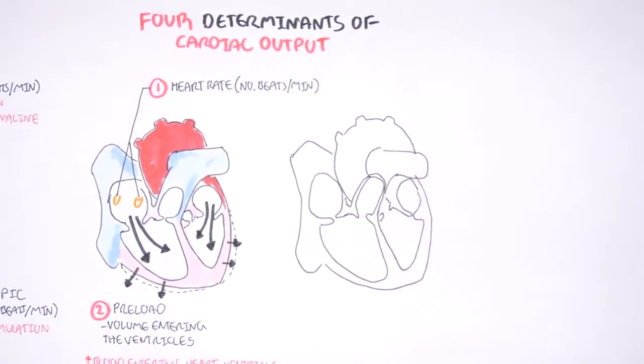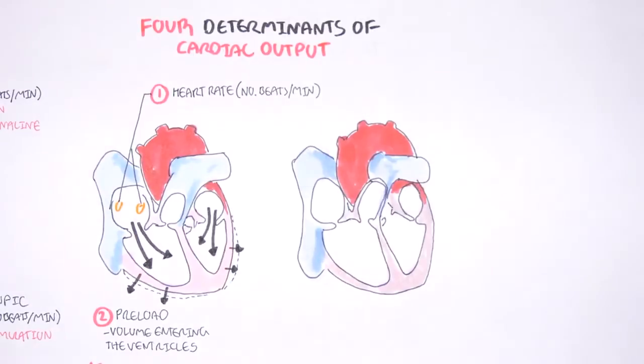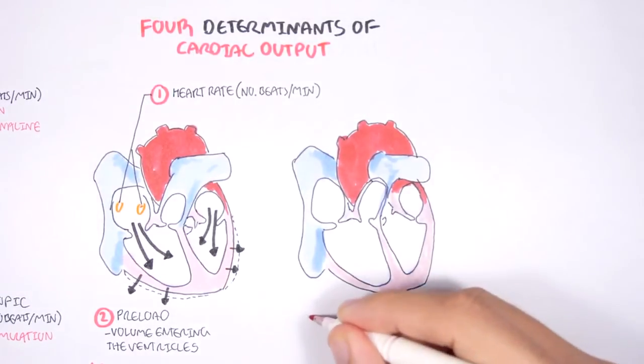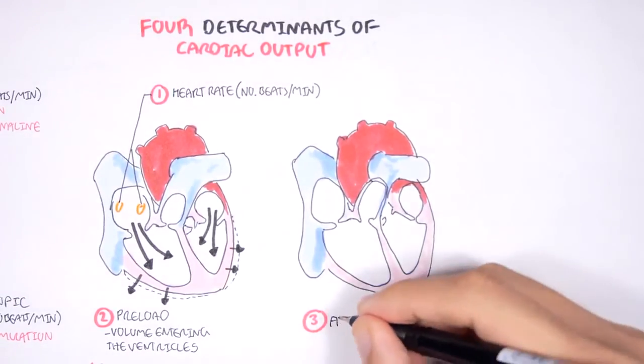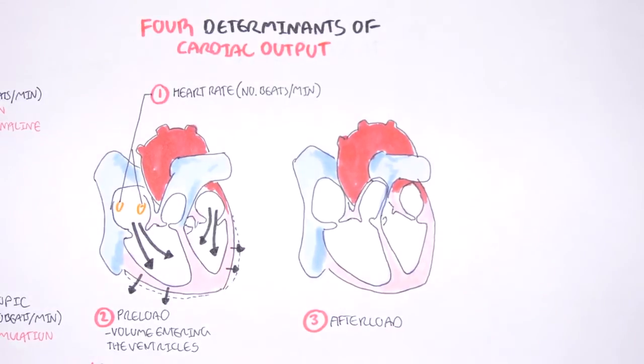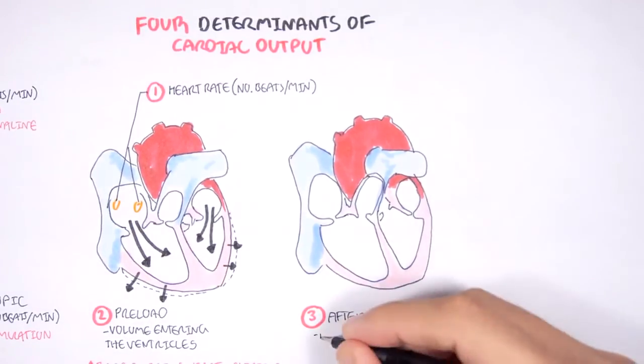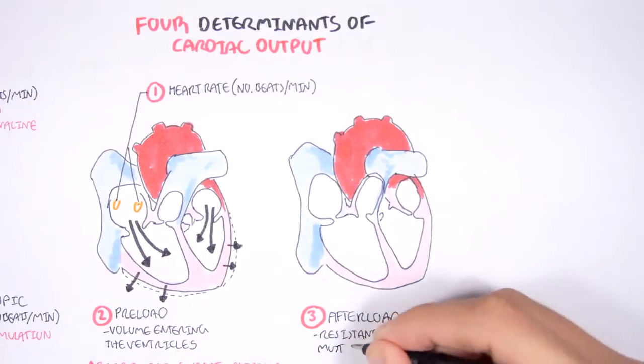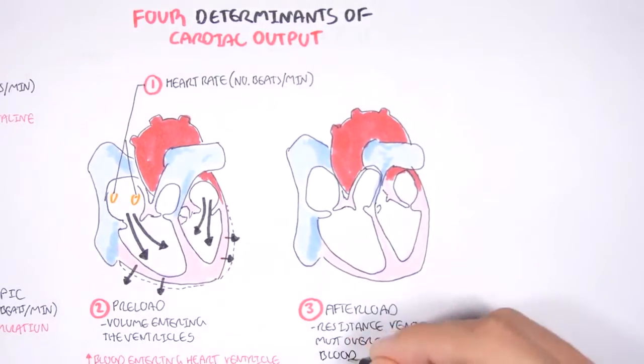The third determinant of cardiac output is afterload. So we have had heart rate, preload, and now afterload. What is afterload? Well, it is the resistance the ventricles must overcome to pump blood around the body.